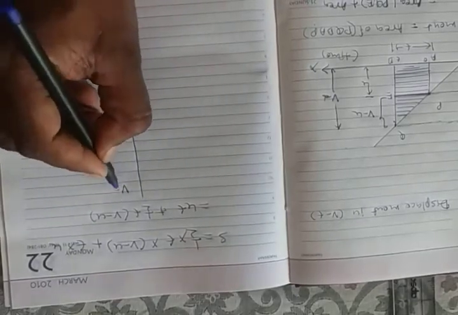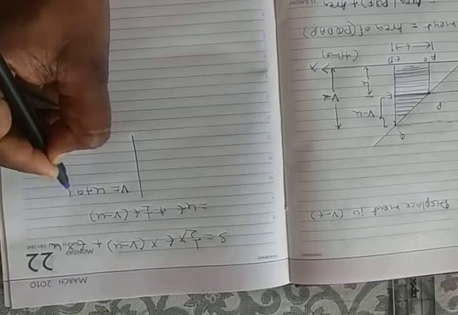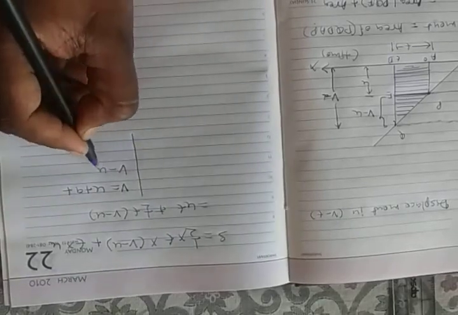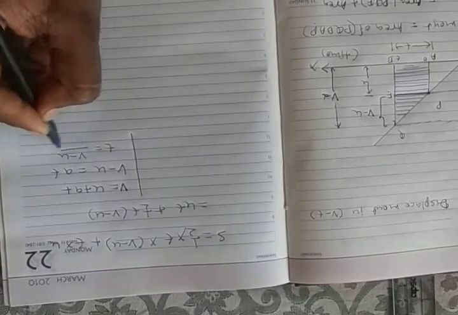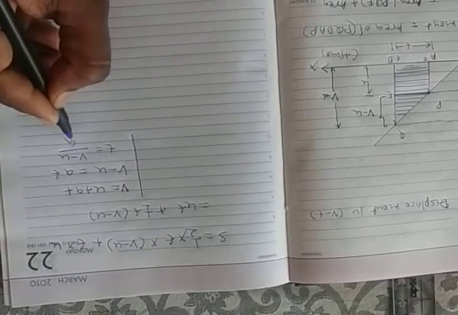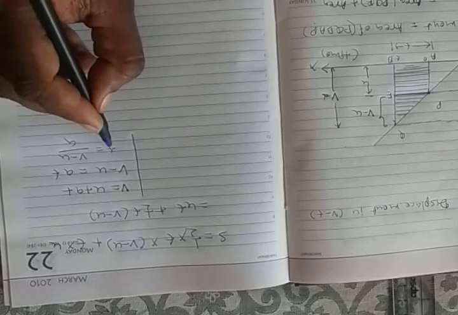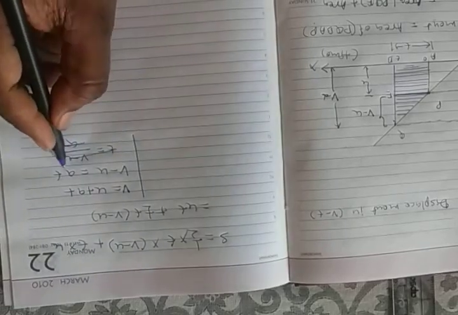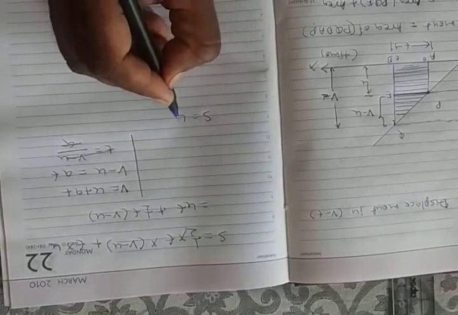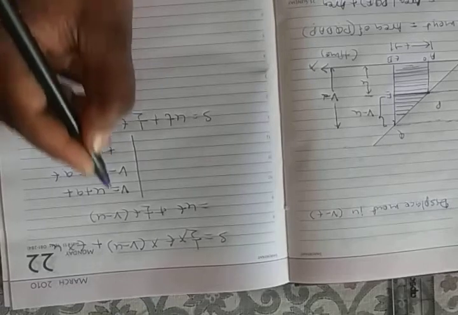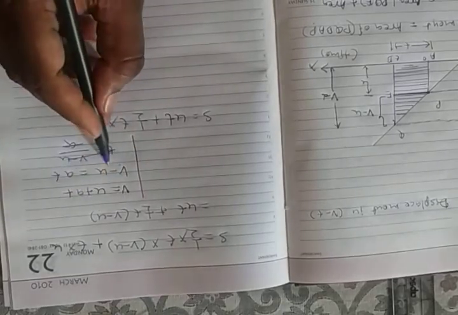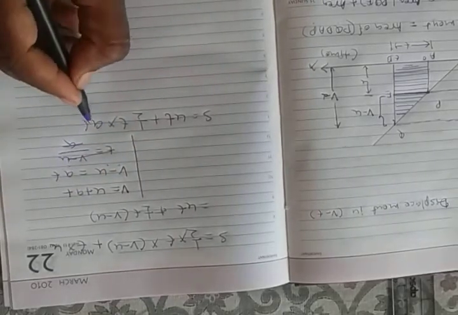According to the first equation, v is equal to u plus at, means v minus u is equal to at. Putting this value here, s is equal to ut plus half t into v minus u, where the value of v minus u is at.